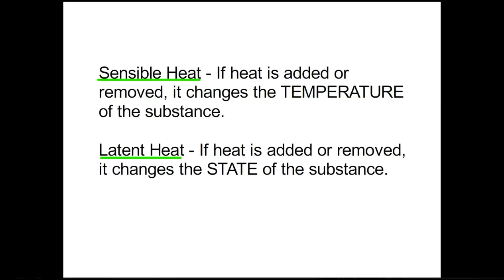At a certain point, if you're at sea level, at 212 degrees, the water begins to boil, and that's a change of state from a liquid to vapor. And it remains steady at 212 degrees; the water does not increase in temperature because all of that heat energy being absorbed is changing the state of the water from liquid to vapor. That's called latent heat because even though you're adding heat, you can't measure it with your thermometer.